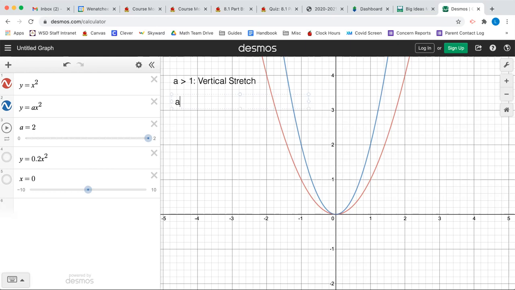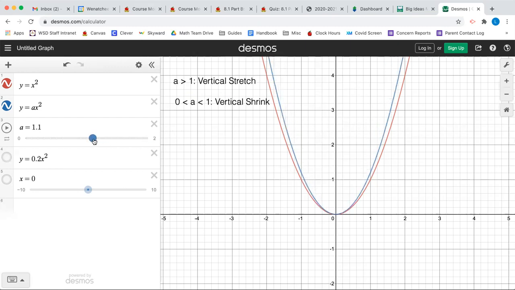But on the other hand, when our a is between 0 and 1, I should say, we'll be learning about when a is less than 0 in another video. When our a is between 0 and 1, this is a vertical shrink. What's currently shown on the screen is a vertical stretch of a factor of 2. But let's go ahead and look at a vertical shrink by sliding this down so our values are below 1.